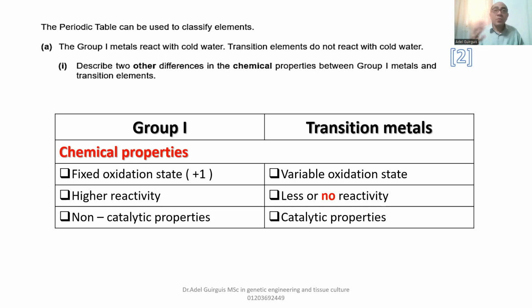Less or no reactivity. Most have catalytic properties like vanadium pentaoxide, V2O5, like iron, like nickel, Ni. All these metals are transition metals and have catalytic properties. It's okay.